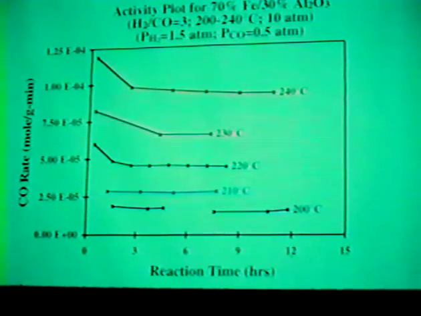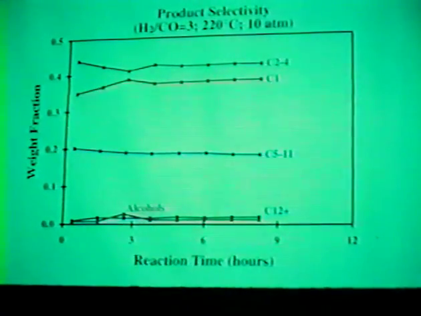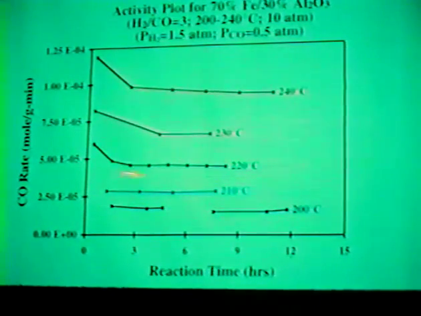And you can also notice that after just a few hours on stream, steady state is reached. And what can we get from these data? Well, let's first look at the selectivity. These data correspond to the 220 degree data set right here.